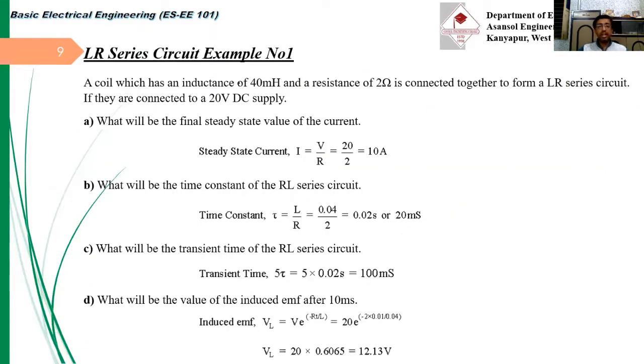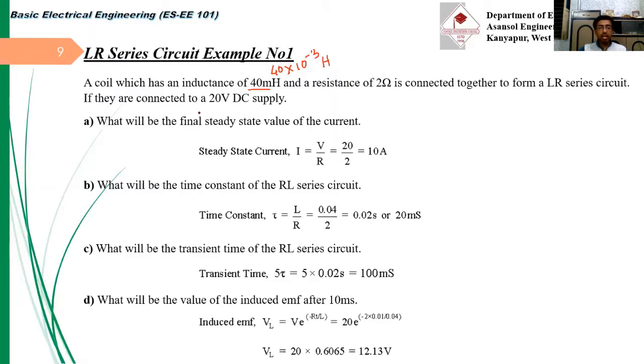Next is an example based on the RL series circuit. A coil which has an inductance of 40 millihenry, that means 40 into 10 to the power minus 3 henry, and a resistance of 2 ohm are connected together in the form of an RL series circuit.